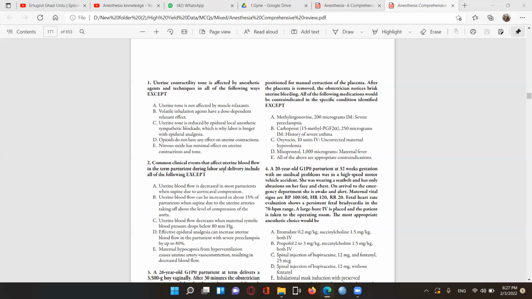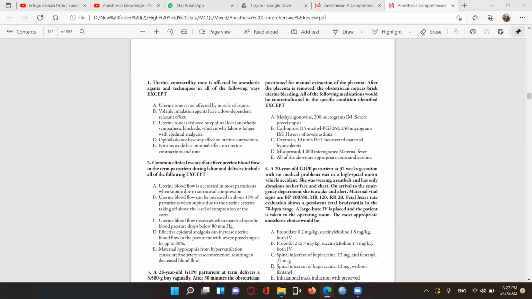Other medications we use, like nitrous oxide, have minimal effect. So uterine contractility tone is affected by anesthetic agents and techniques in all of the following ways except. You have to find the incorrect answer.